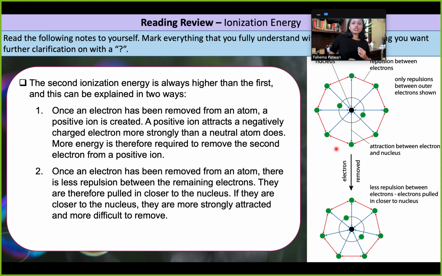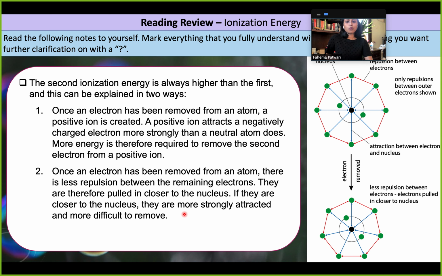This positive charge attracts a negatively charged electron more strongly than the neutral atom did. So where originally you were removing an electron from a neutral particle, now for the second ionization, you're removing your electron from a positively charged particle, which we know that the electron is more strongly attached to. Therefore, you need more energy to remove the second electron. You need a higher ionization energy.